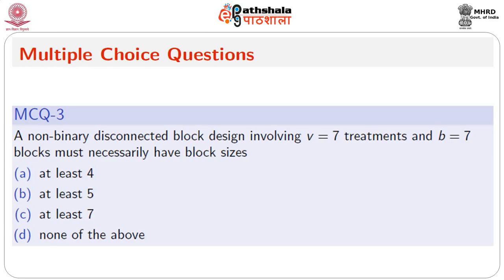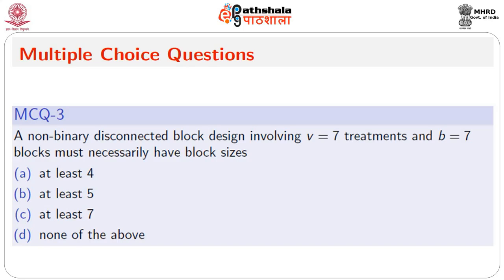The moment the block design is disconnected, the blocks are disconnected, and so are the treatments. You can think of 7 blocks divided into 2 separate groups, and 7 treatments also divided into 2 separate groups. Within one group, blocks and treatments are together. In another group, another set of blocks and treatments are together. That is how the notion of a disconnected design comes.